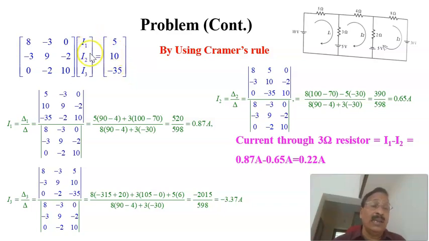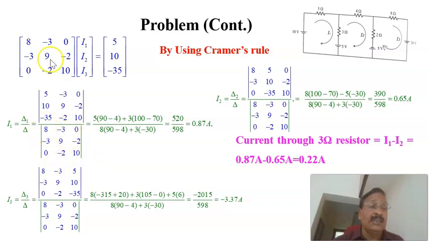We have to solve for I1, I2, I3 by using Cramer's rule. For the first current, what is I1? I1 equals delta 1 by delta, in which we have to calculate the determinants. Delta is the determinant of the resistance matrix R: 8, minus 3, 0; minus 3, 9, minus 2; 0, minus 2, 10.